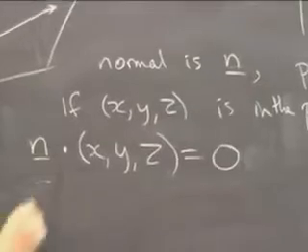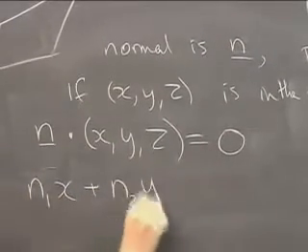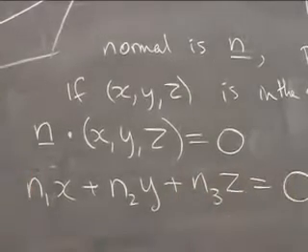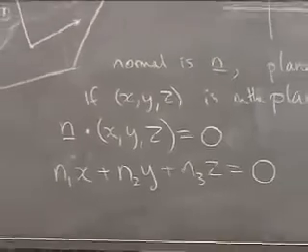So this means that the equation of the plane through 0 is n1x plus n2y plus n3z equals 0. So that's a plane through the origin with normal n1, n2, n3.